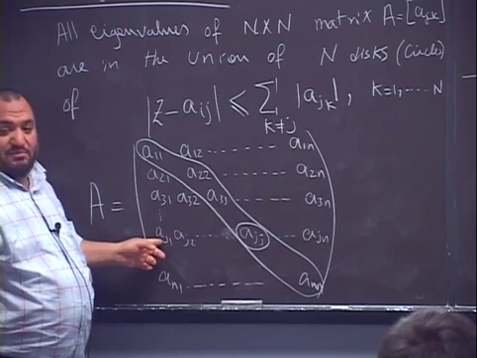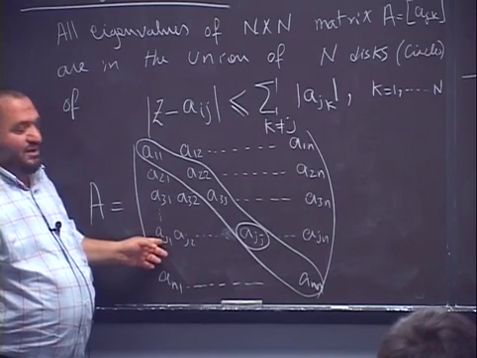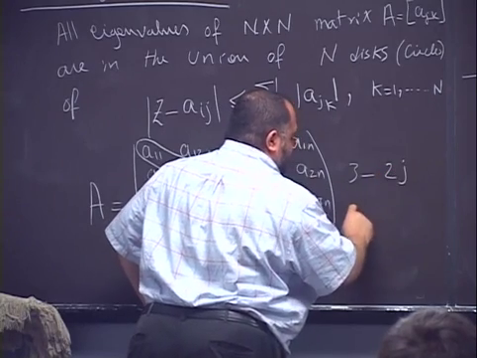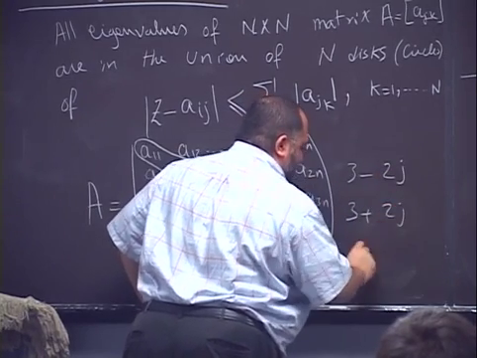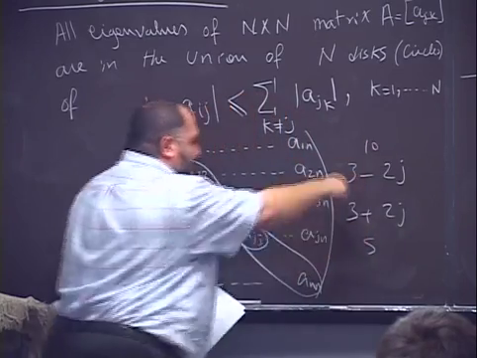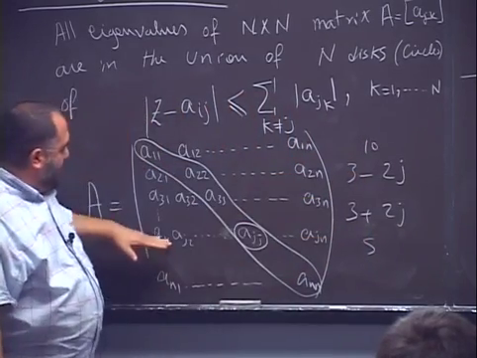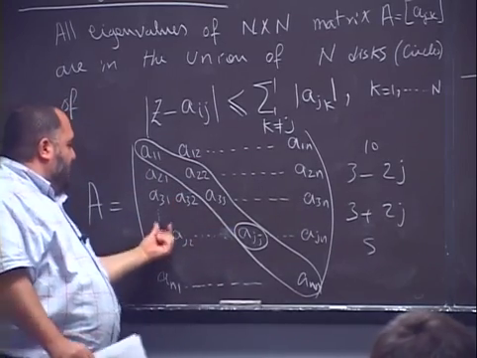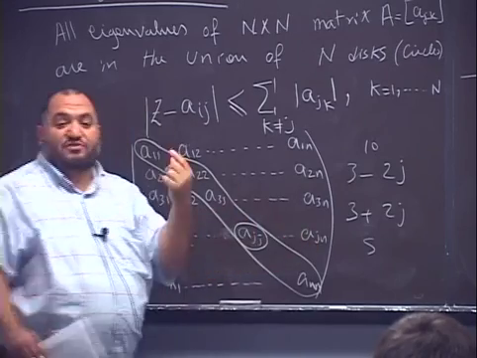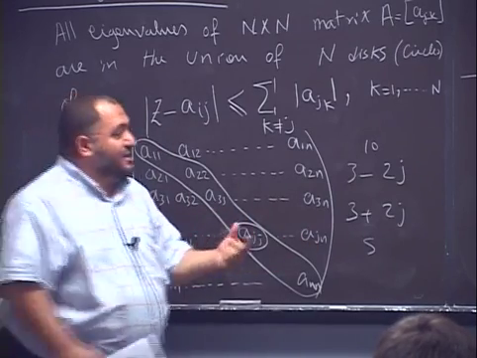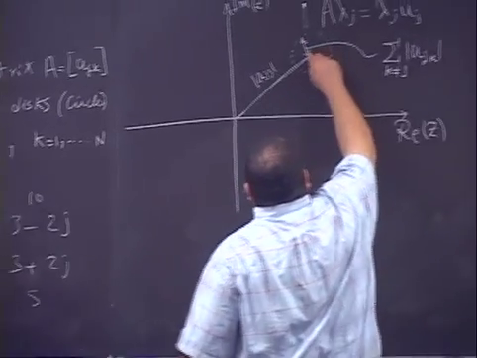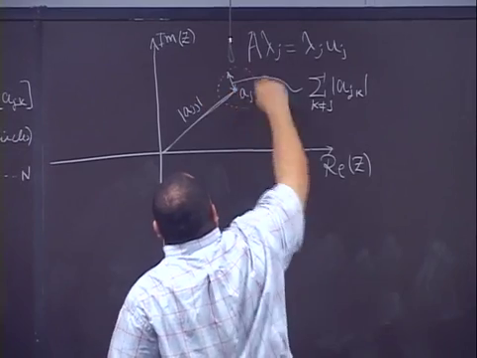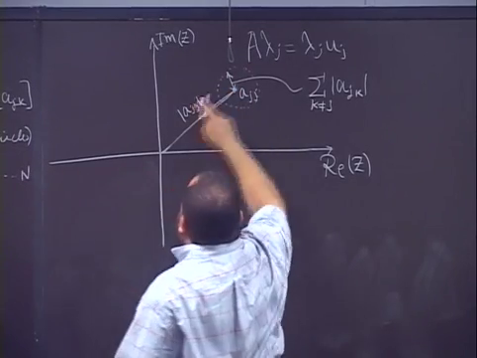For example, there is a complex number, let's say 3 minus 2j, and another one 3 plus 2j, and there is 5, and there is 10, and so on. All those numbers are the elements of the off-diagonal. So when you sum the amplitude of every one of those off-diagonals, it will give you a real number. So this real number, you take it, make the center Ajj, and then plot a circle around it. This circle we'll call a disk.